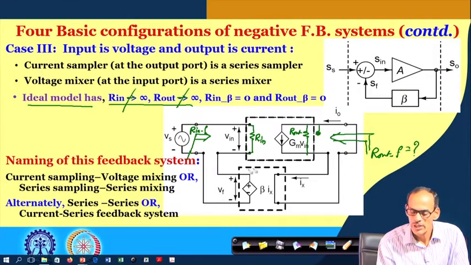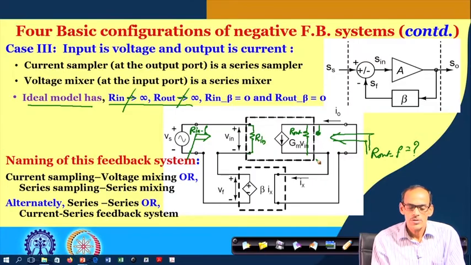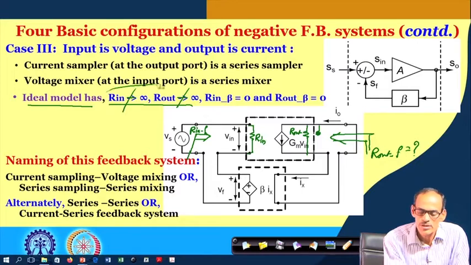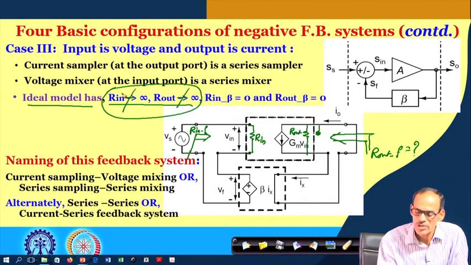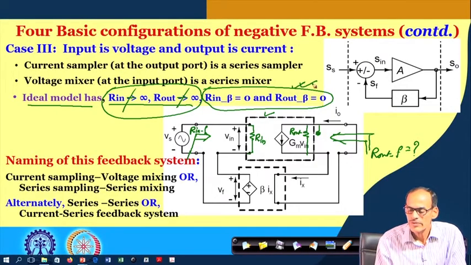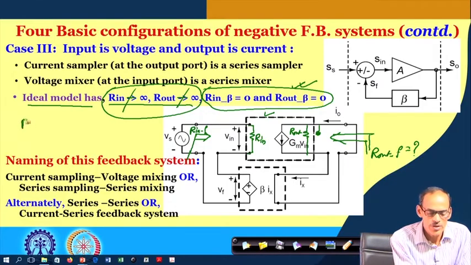then we need to analyze the circuit again. But to simplify the analysis, even though we may consider this non-ideal situation for the amplifier, we may continue to consider the ideal situation for the feedback network, and then we will see the expression of R in F in terms of R in.